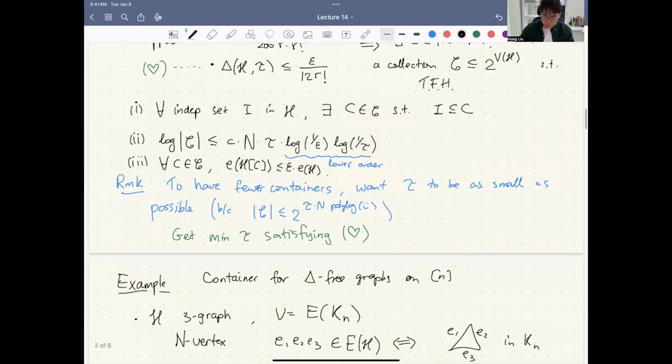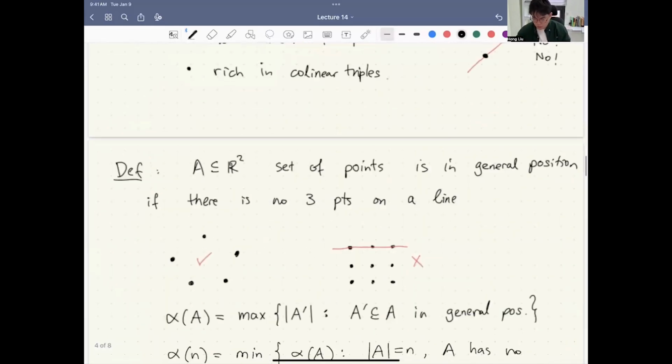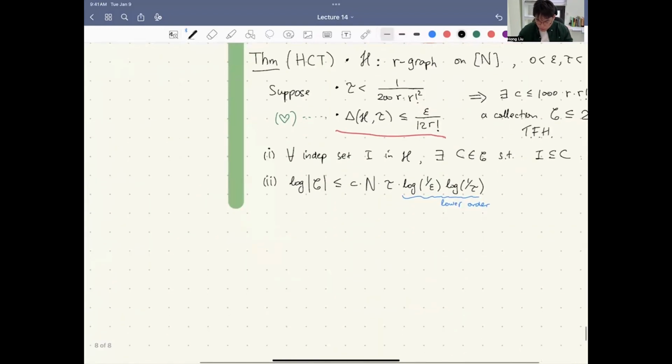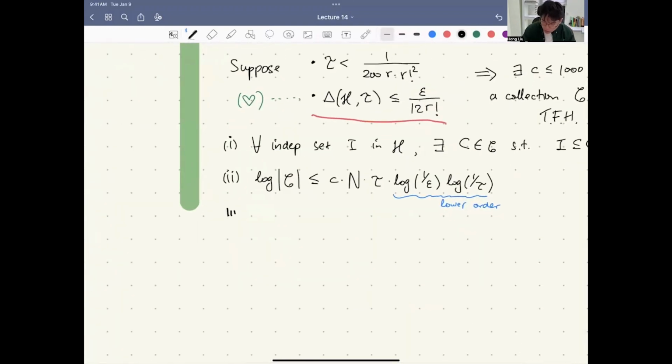And that's important. Why is this important?